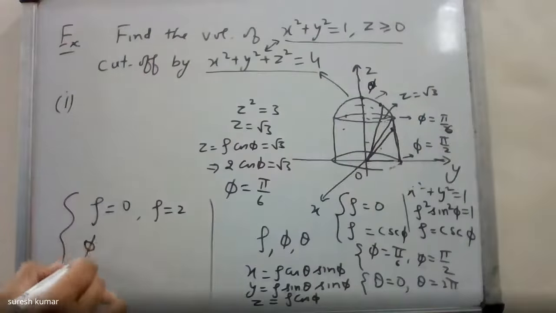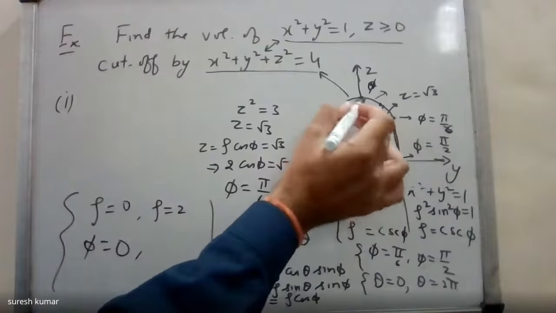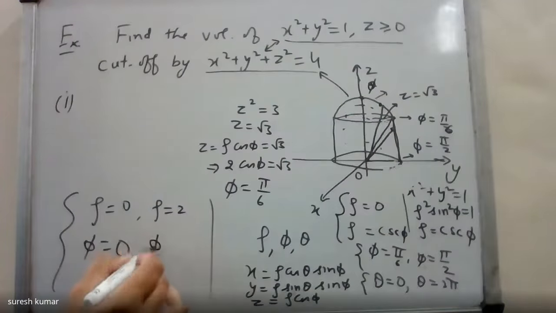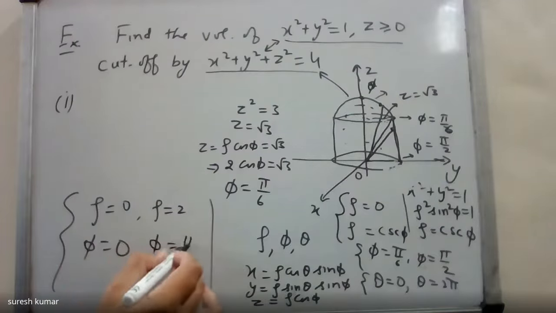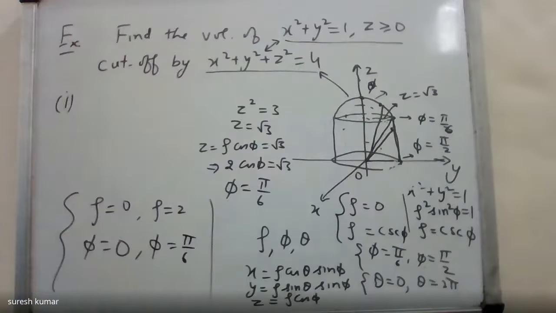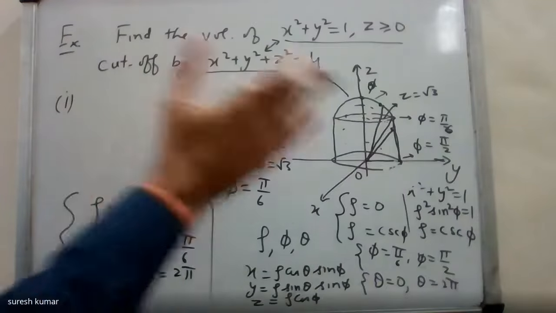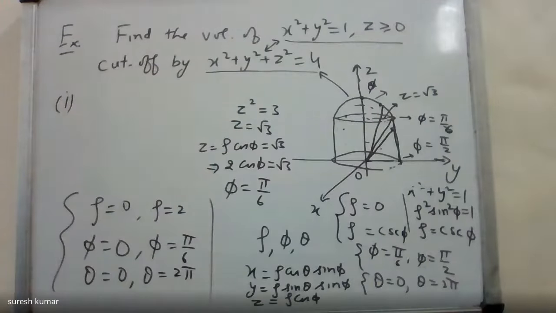And at this point we have already calculated, for covering this region, phi is pi by 6. Theta limits are from 0 to 2 pi. So you have two sets of limits to cover the whole region in spherical coordinates.